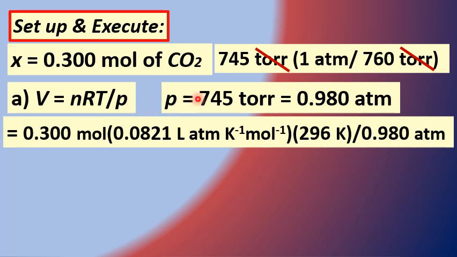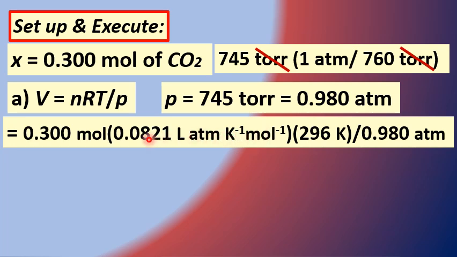So when you substitute, we get 0.300 moles, that's the value of n, multiplied by the value of capital R, which is 0.0821 liter atmosphere per Kelvin per mole.